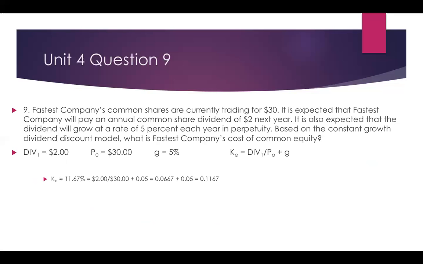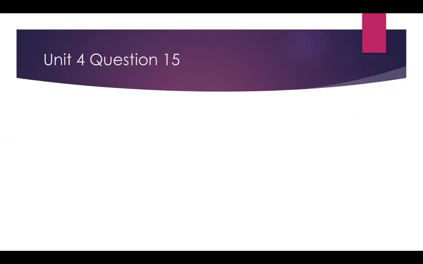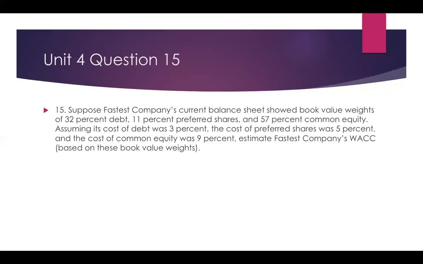This will actually be the exact same equation that you're going to use for the next problem, for Unit 4, Question 10. So I'm not going to go over that one, but I will take you guys through Unit 4, Question 15, which is a little bit different. Still talking about Fastest company.